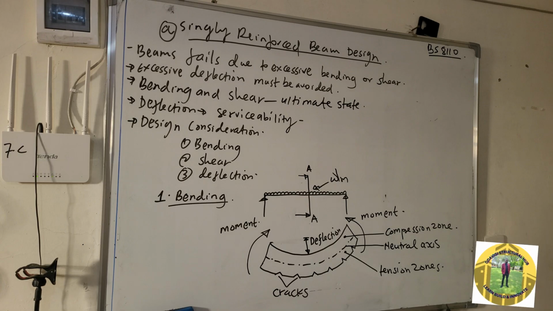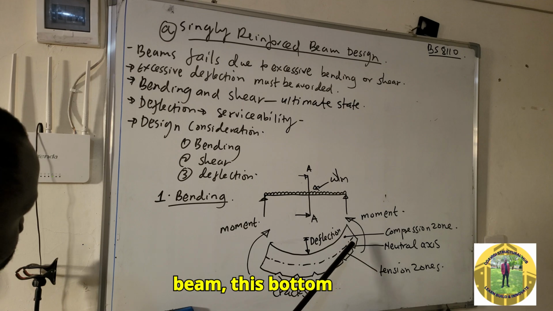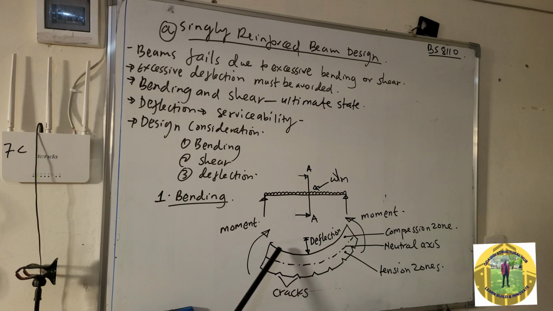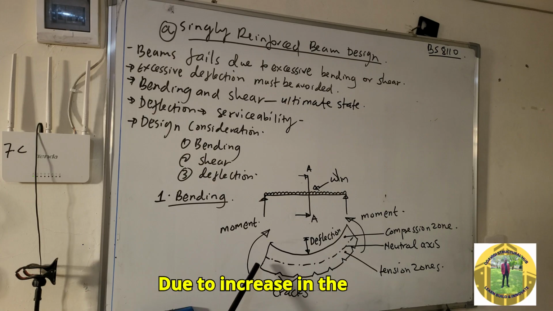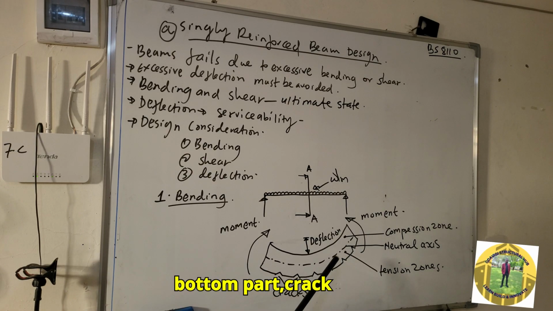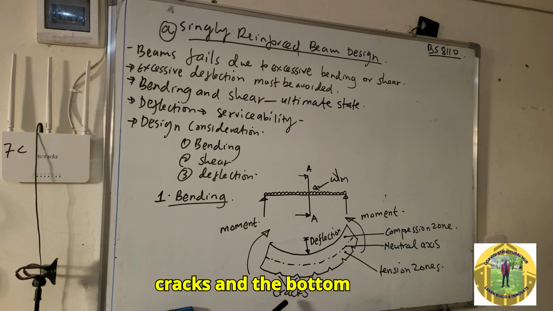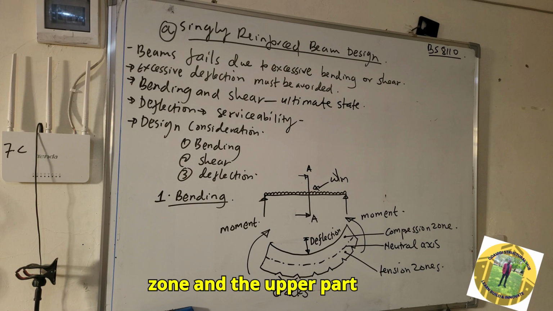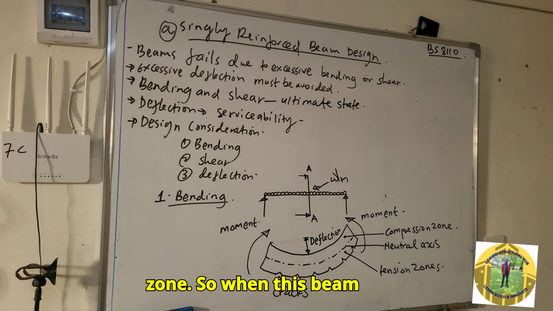As you can see, as it sags, the bottom part of this beam increases in length as the upper part decreases. Due to the increase in the bottom part, cracks develop. These are the cracks. The bottom part is what we call the tension zone, and the upper part is what we call the compression zone.